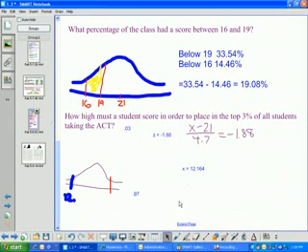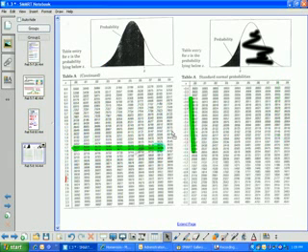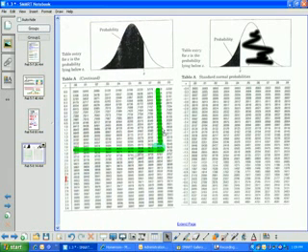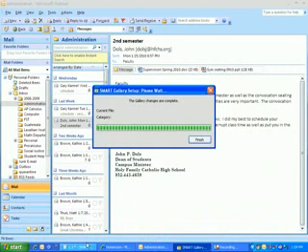So now if I go to my z-table with 0.97, and I would use this one. Notice that gives me the same, get it lined up, 1.88, but positive this time.